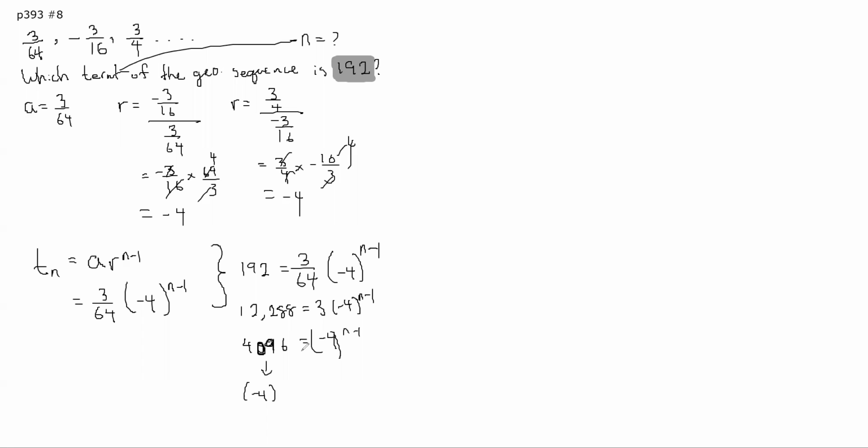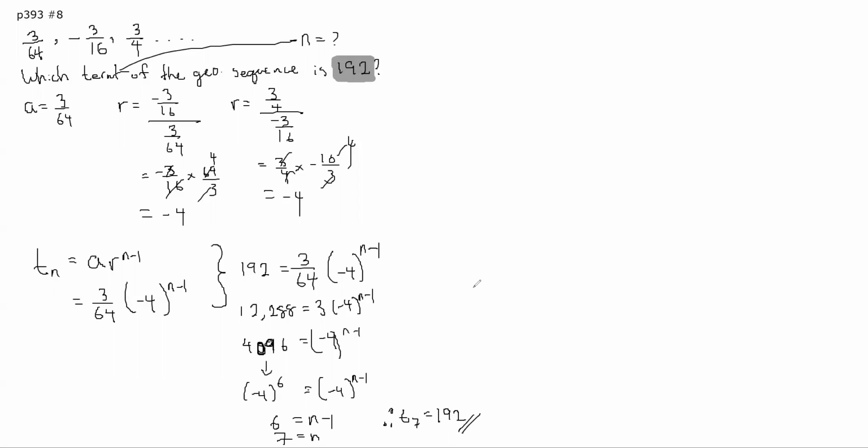And that is equal to the right side, negative 4 to the power of n minus 1. That means 6 is equal to n minus 1. n must be 7. Therefore, the seventh term in this geometric sequence is 192.